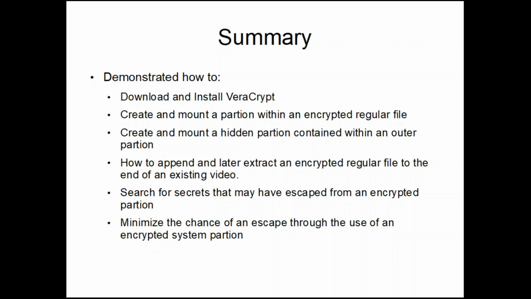So it would be easy to find that. Finally, demonstrated how to minimize much of this potential problem of things escaping either through user error or through other mechanisms by actually encrypting the entire system partition.